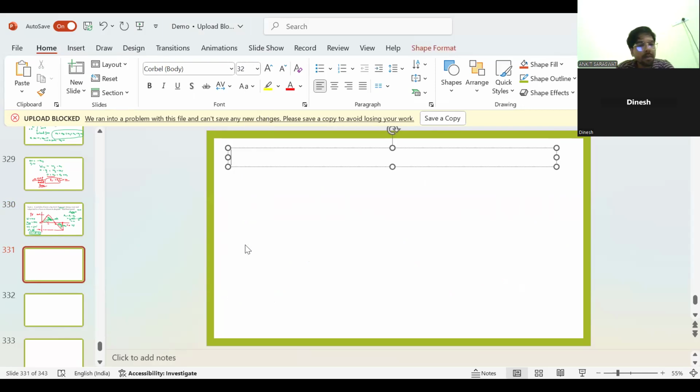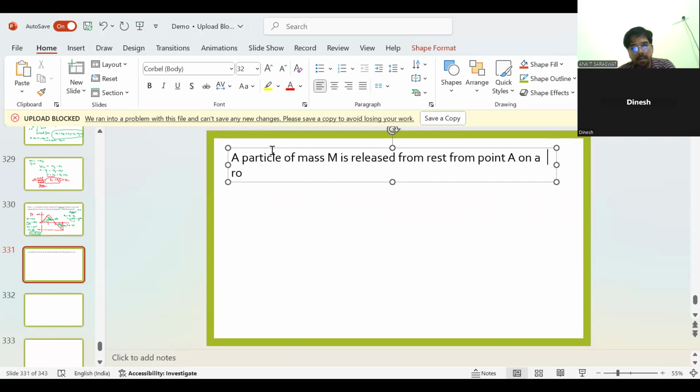A particle of mass m is released from rest from point A on a rough surface.